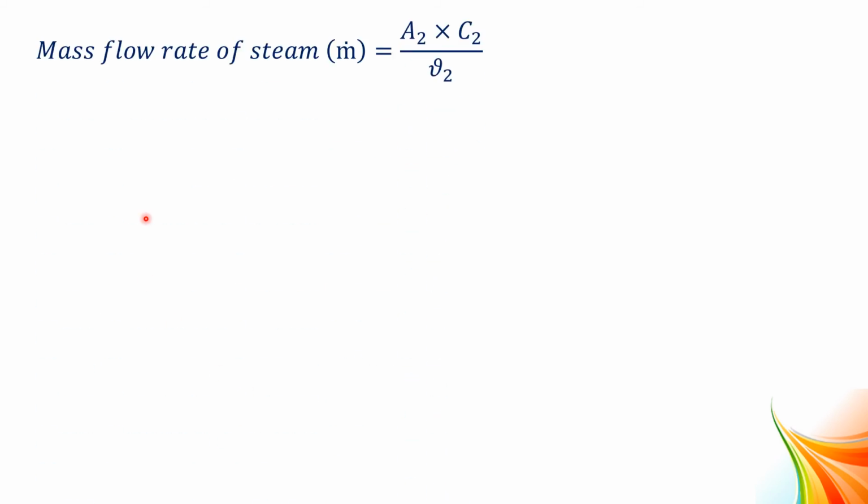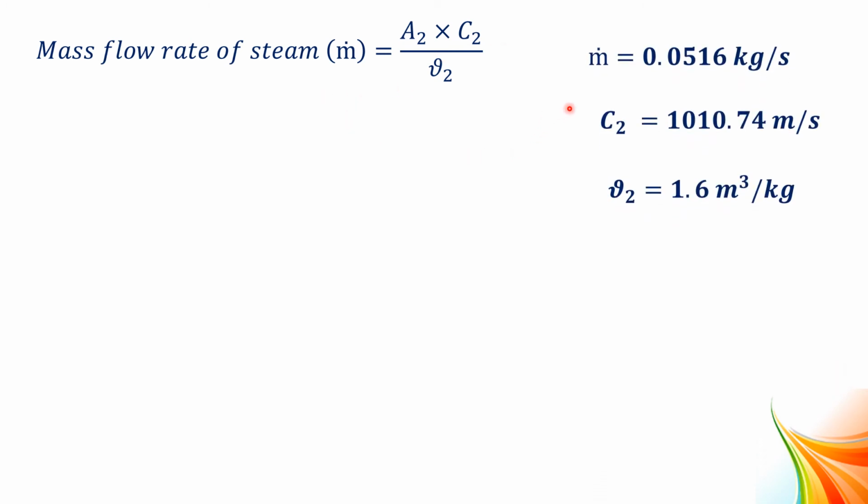Next, again we have to use the mass flow rate equation for calculating the area at the exit of the nozzle. Mass flow rate we have already calculated using the equation At Ct by Vt, which is 0.0516 kilogram per second.